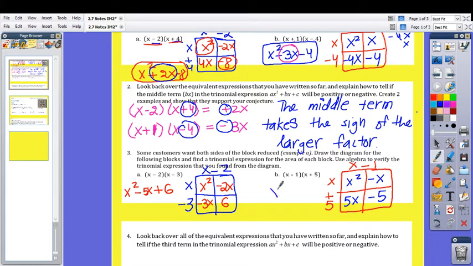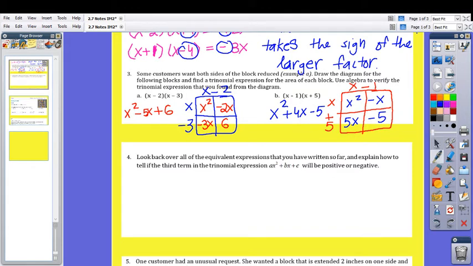So that will be x squared, and then these two we will be getting positive 4x, and then take away 5. Now in the fourth one, it wants us to observe what we got and conclude something.